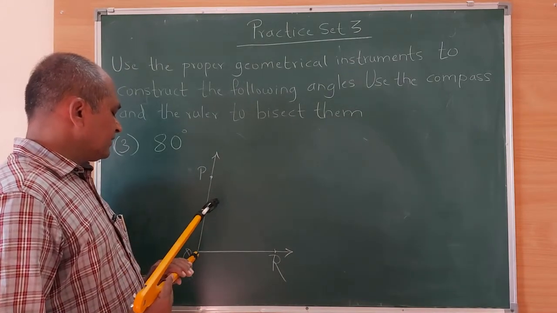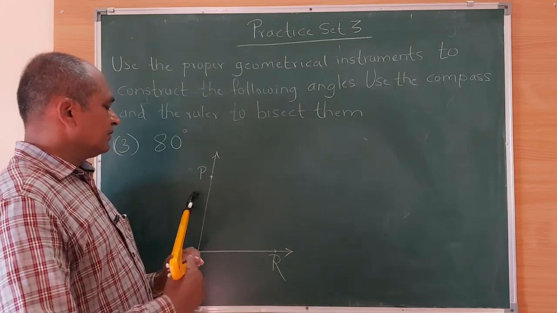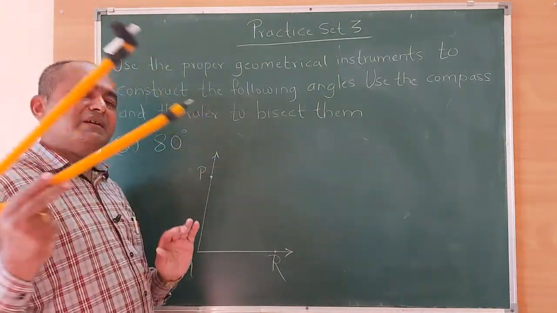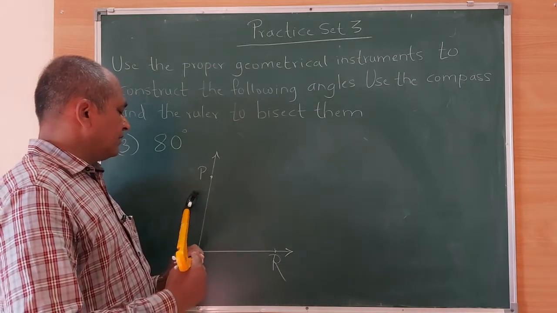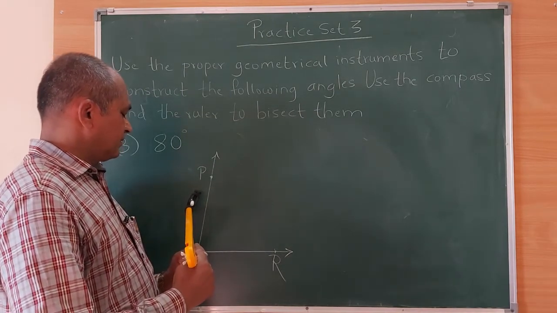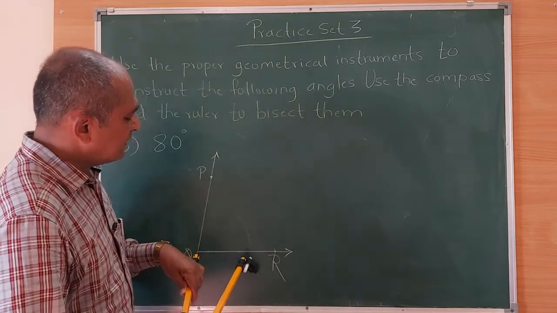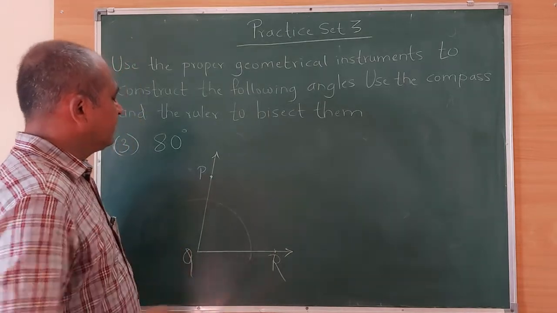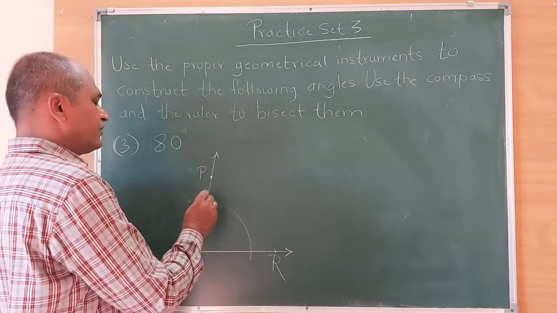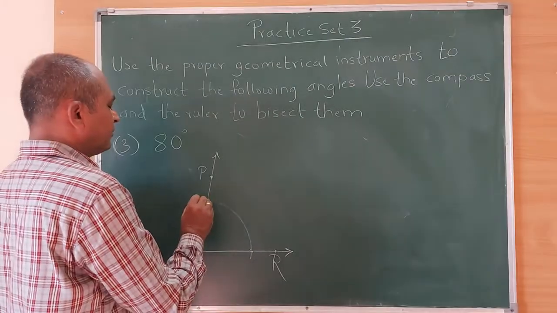Put the tip of the compass at vertex Q, and by taking a convenient distance, draw an arc to cut both the arms of the angle. So by that way I get two intersection points. You can give some names to these points. I'll give A and B.